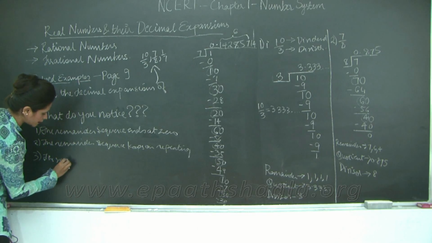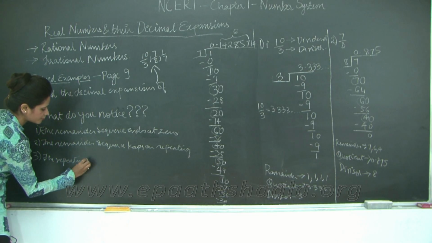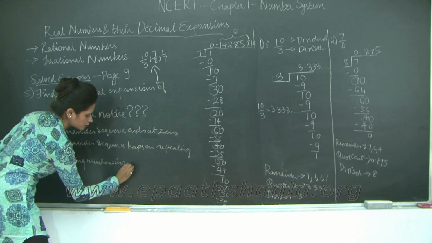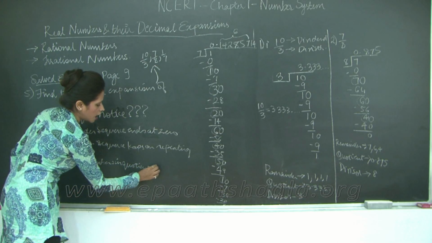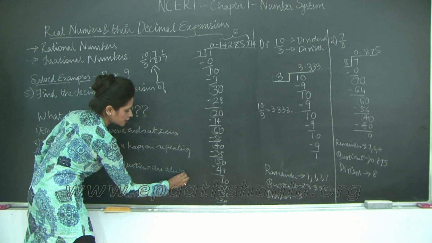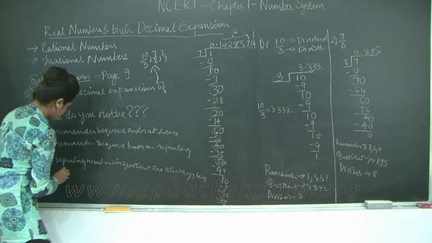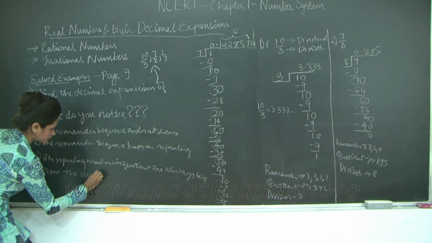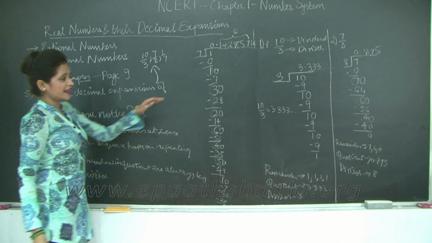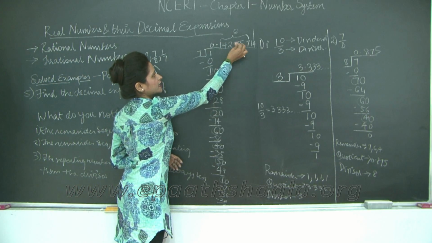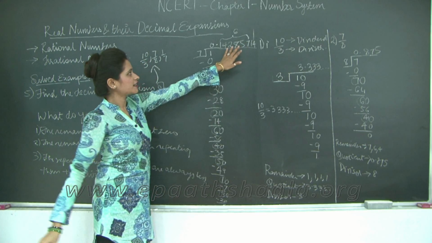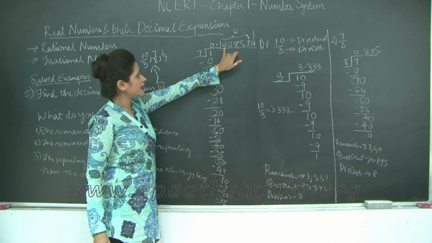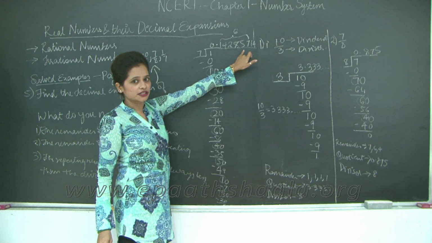The repeating numbers in my quotient are always less than the divisor. By less I mean the number of digits, 1, 4, 2, 8, 5, 7, and not the value. You will wonder that we have an 8 here, but the divisor is 7. So I am not looking at the numbers, but I am counting the number of digits that are repeating. Got the difference?